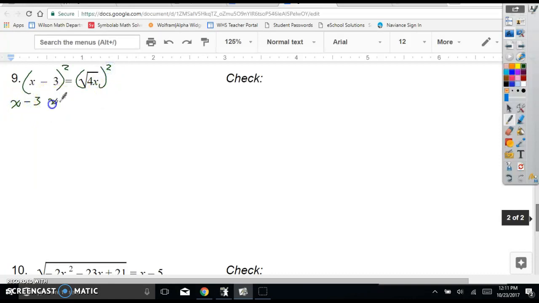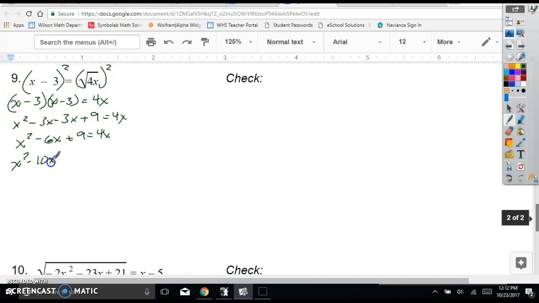So this is x minus 3 times x minus 3 equals 4x. This is x squared minus 3x plus 9 equals 4x. So this will be x squared minus 6x plus 9. And I'm going to subtract 4x over to get the following.